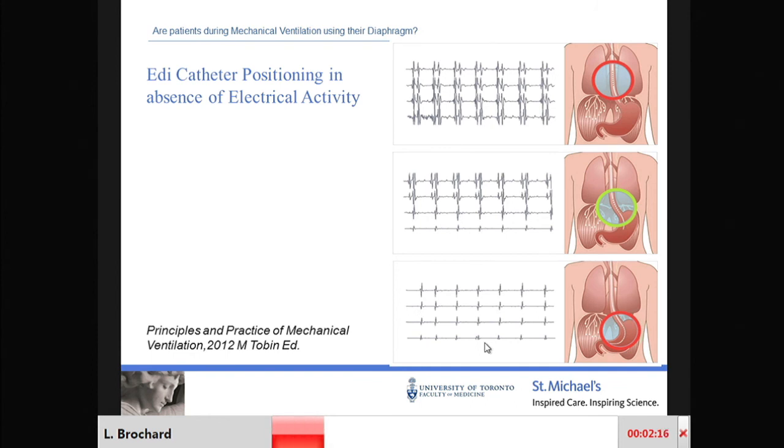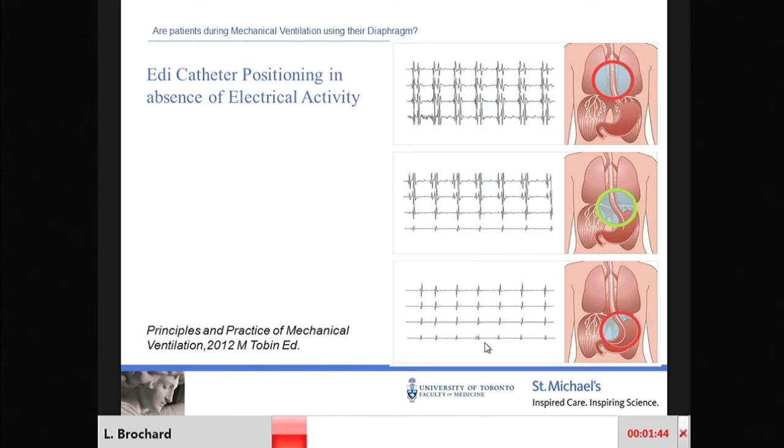Well, if you place the catheter correctly, and placement of the catheter is mostly based on the ECG tracing you see, you can detect exactly when the patient starts to use his or her respiratory muscle and when the patient starts to really breathe spontaneously. Because we saw in all the studies that the initial period of 24, 48 hours is critical. And in fact, probably this is the period where we say, well, it doesn't matter too much.